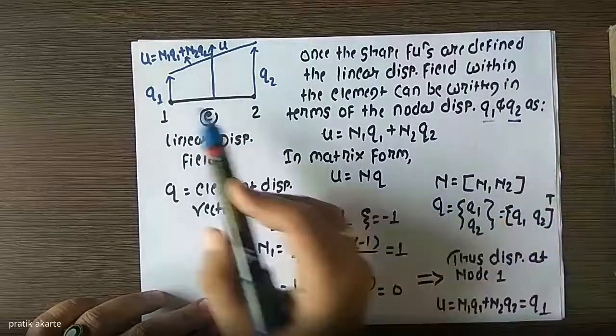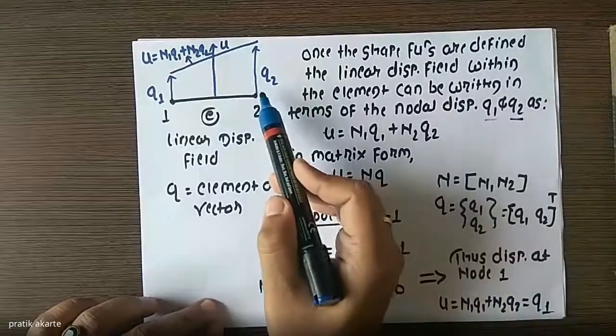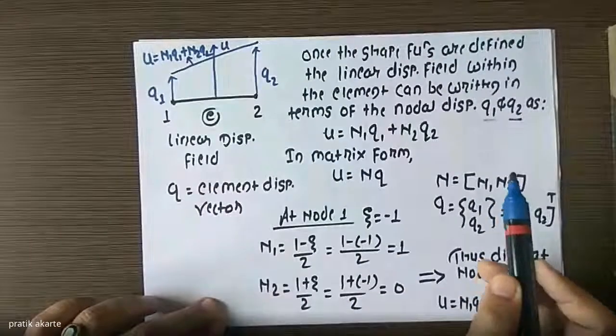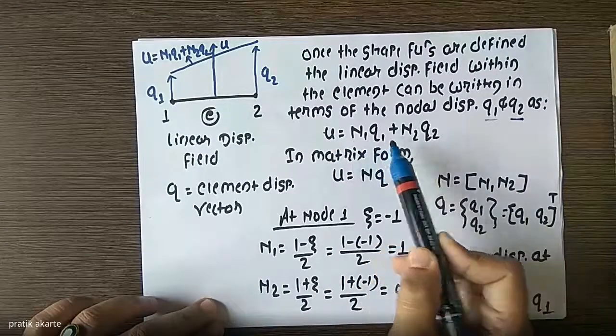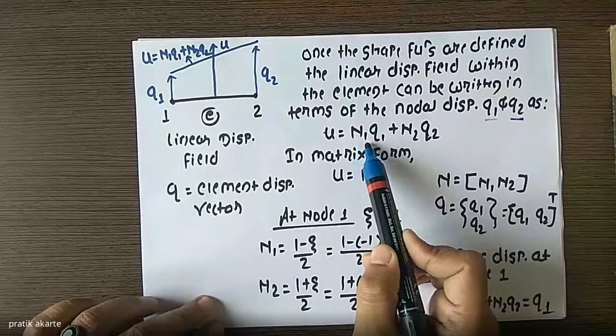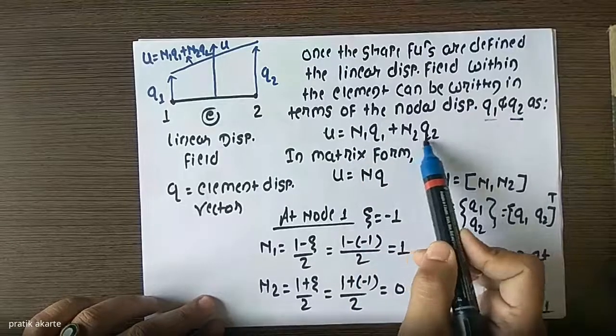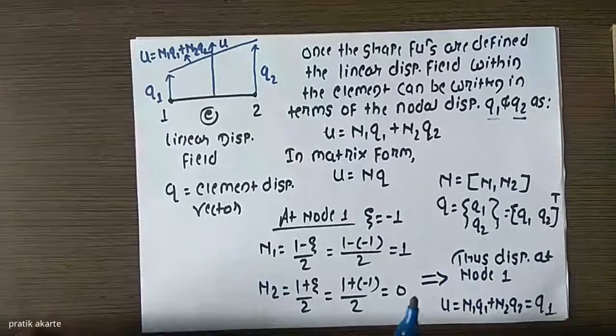Q1 is the nodal displacement at node 1, and Q2 is the displacement at node 2. So we write the equation as u equal to N1 Q1 plus N2 Q2, where N1 is the shape function at node 1 and N2 is the shape function at node 2.